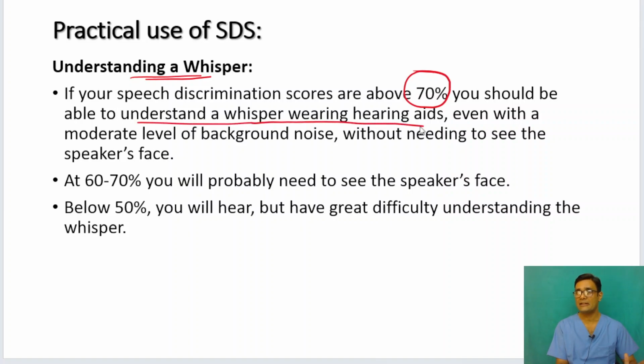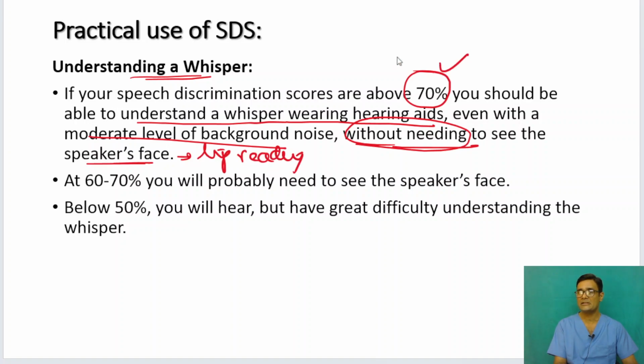I took this from one of the hearing aid centers. They say that if the patient's speech discrimination score is 70%, then he can hear a whisper while using a hearing aid, even with a moderate level of background noise, without needing to see the speaker's face, that is, without lip reading. So till 70% speech discrimination score, the patient's disability is very less.